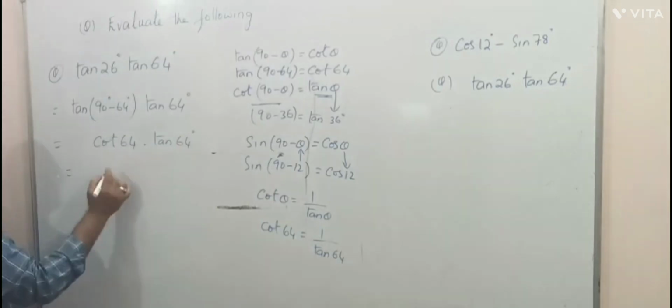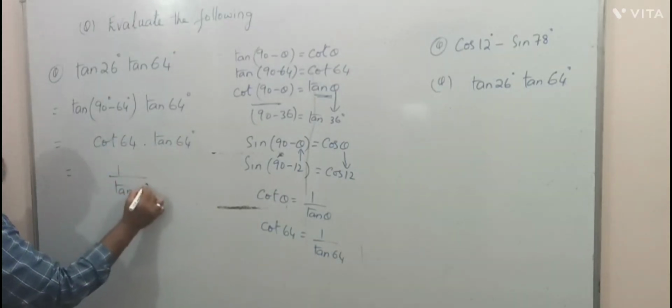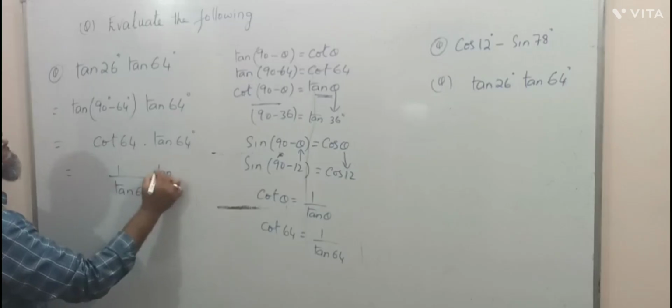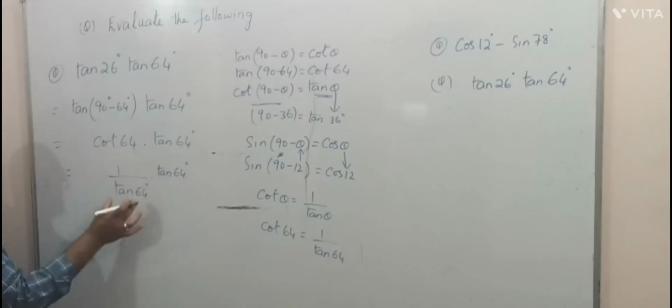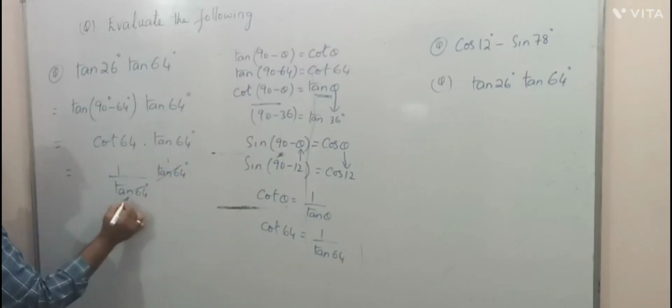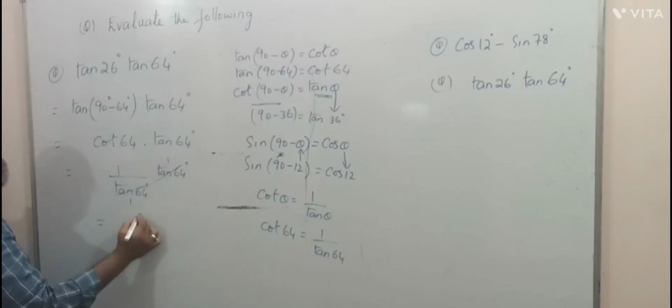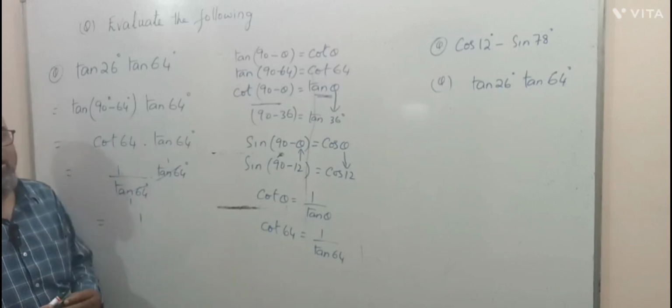So I will remove this, I will write 1 by tan 64 into tan 64 as it is. So in place of cot 64, I am using the formula 1 by tan 64. Tan 64 ones are cancelled. 1 by 1 is the answer. So 1 is the answer.